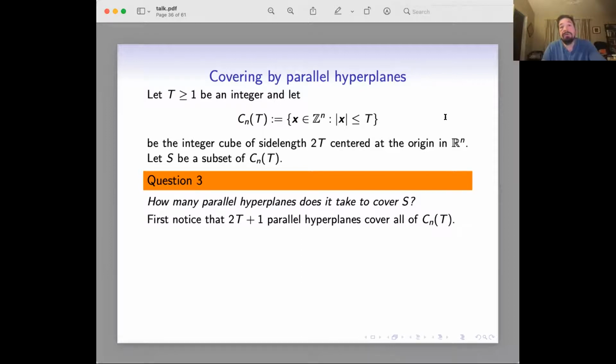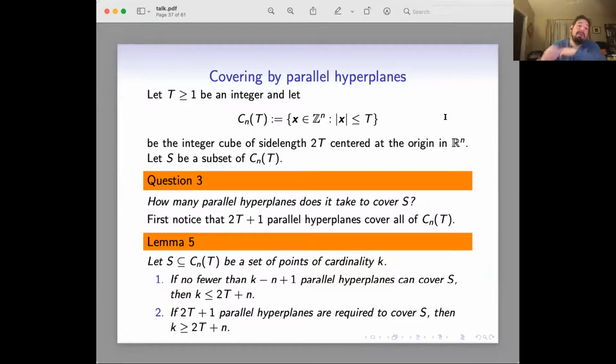First notice that 2t plus 1 parallel hyperplanes actually cover this entire cube, because you just take a hyperplane passing through one of the faces and start moving it. You will need 2t plus 1 parallel translations in total to cover the entire cube. So this means that every subset of this cube is covered.